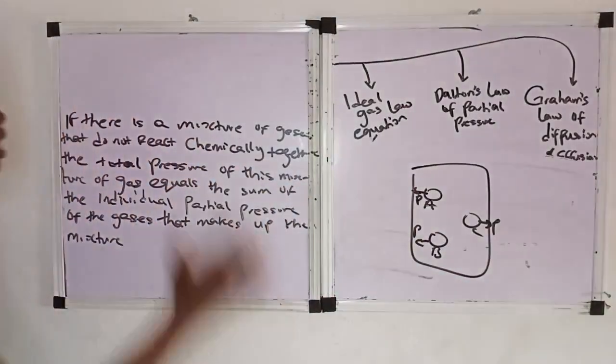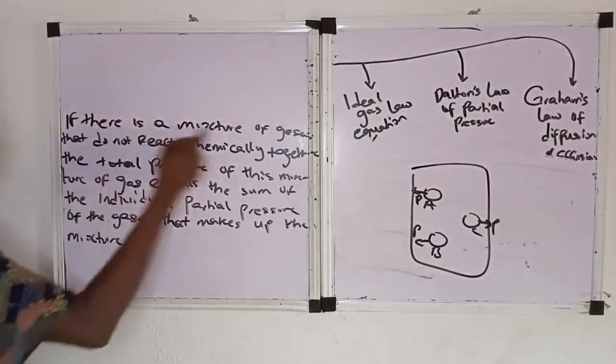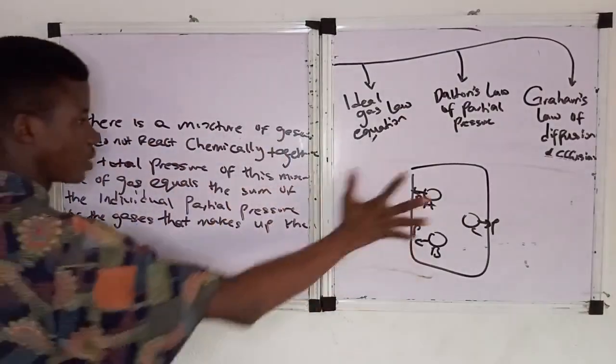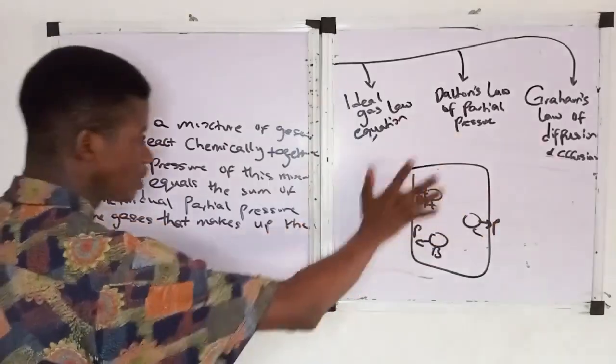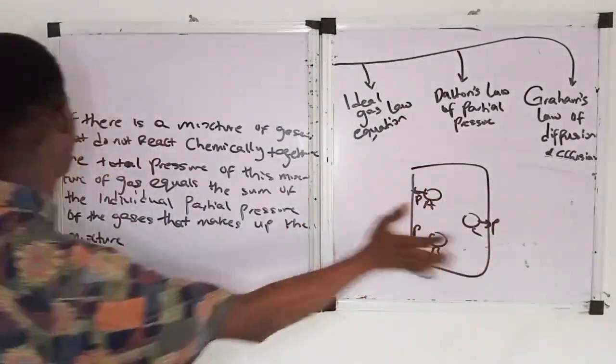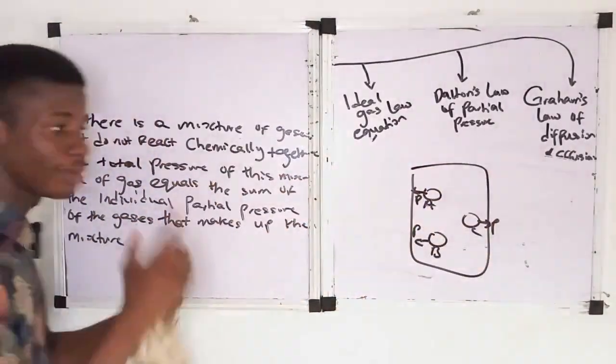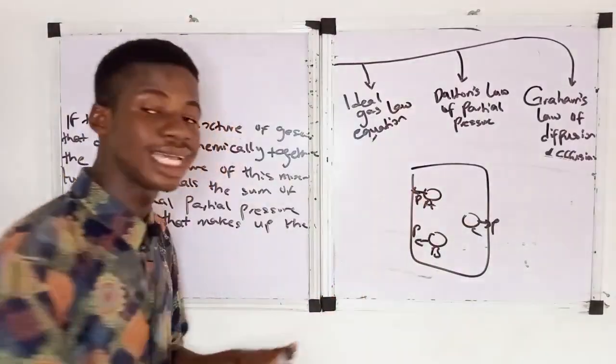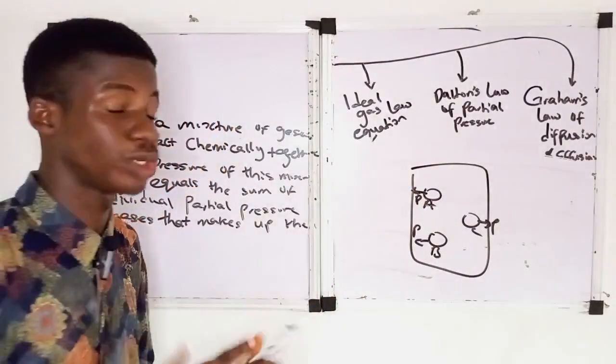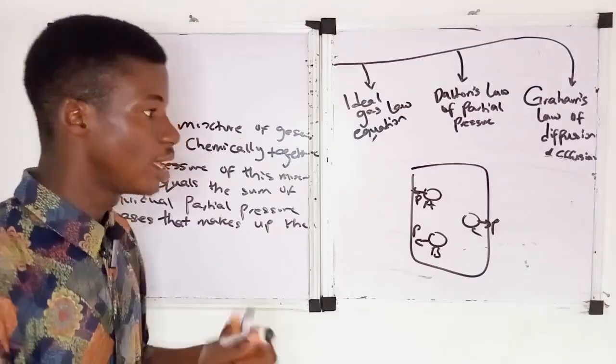Now let's go back to the law, which says that if gases do not react chemically together, the total pressure is what? Remember, each gas exerts pressure when it collides with the walls of the container it is placed in.